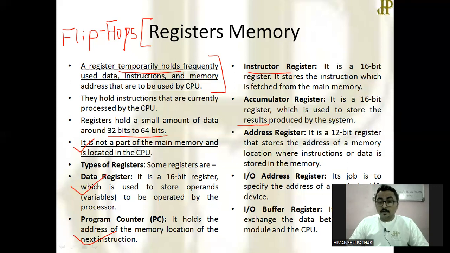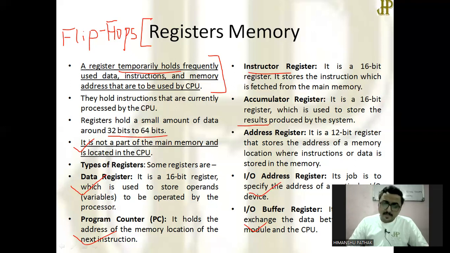We need input or output devices from time to time, which is why there is a dedicated register which holds the address of that particular IO device so that operation can be performed easily. Next one is the IO buffer register. It is used to exchange data between various modules and the CPU. Clear? So these are registers.